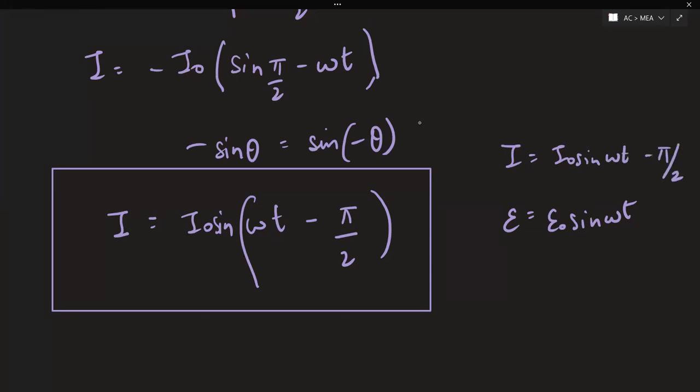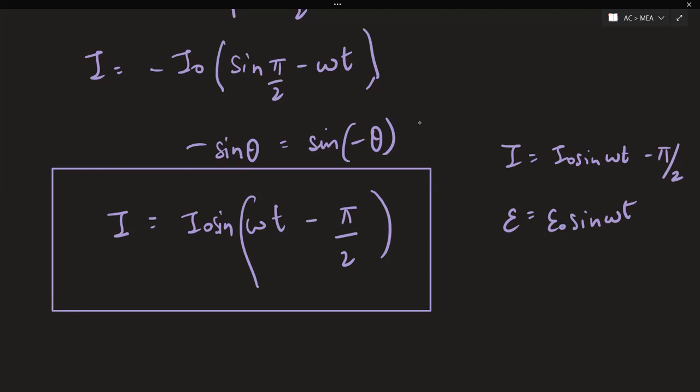Now this is minus pi by 2, means your current is lagging by 90 degrees. So you can say voltage is ahead. Minus pi by 2 means current is lagging by pi by 2. It is pi by 2 behind EMF. That's why you have a negative sign. Otherwise, you would have got a positive sign, plus pi by 2, if it were leading.